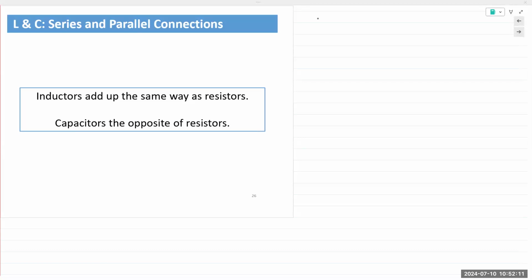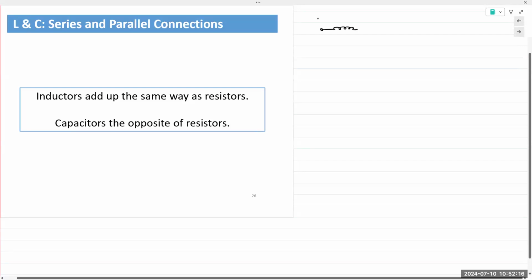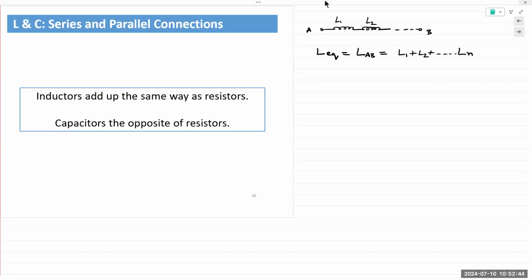If you have inductors in series, and it doesn't matter how many inductors we have in series between A and B, L_eq is the inductance measured between A and B, and we can write inductors in series as L1 plus L2 plus however many inductors we have in that series connection. They add up the exact same way that we would add up resistors.